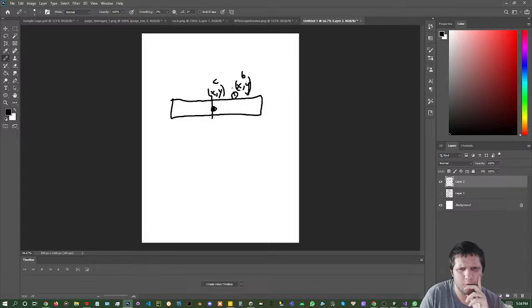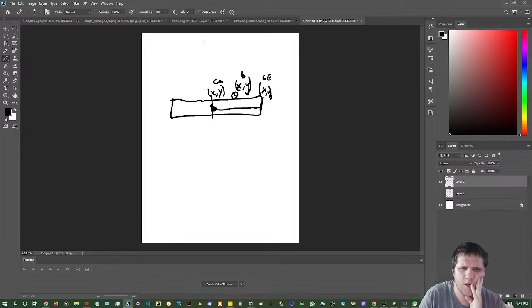So this is C and this is B. We want to determine where the ball is between, so this is the C middle, and we also want the x and the y of the C edge.